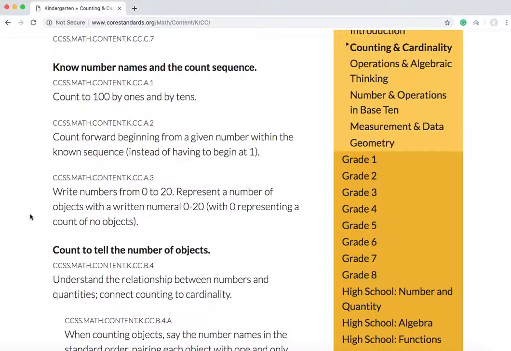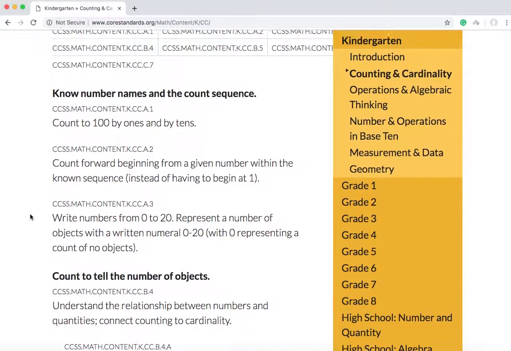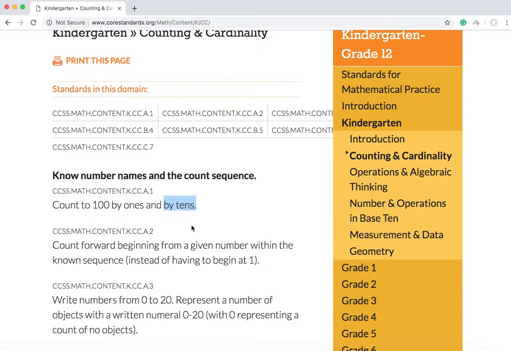The way I wanted to start my lessons where I could do whole group was by having them count by tens. None of them knew how to do that, so I started there. And you guys will see how I did that. I wanted to make it meaningful for them.